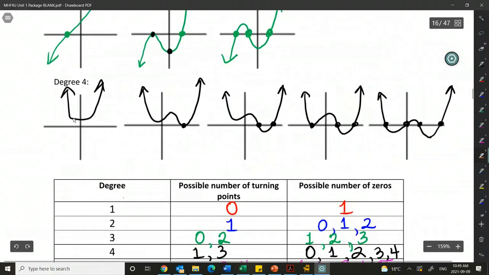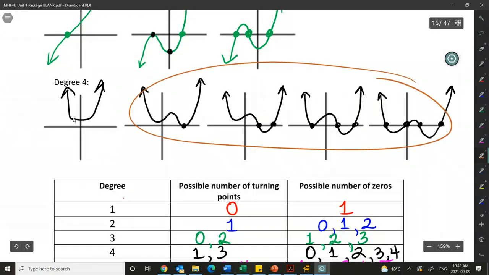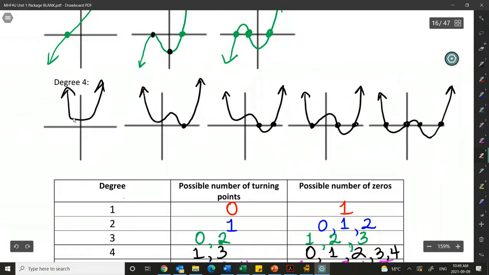So if I look at this, for instance, these are good examples. If I count the number of turning points, 1, 2, 3, the most likely degree of this polynomial is degree 4. It's 1 more than the number of turning points. That's typically what happens. This does not follow that same thing. We're just saying it's the most likely, and it's also the lowest possible degree.